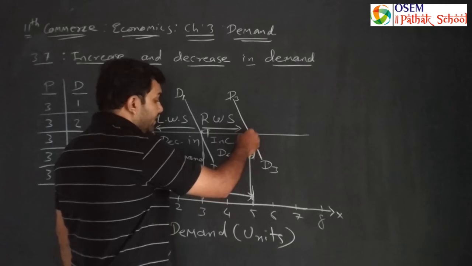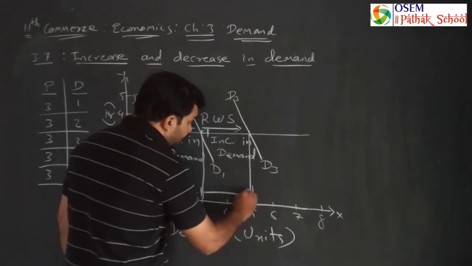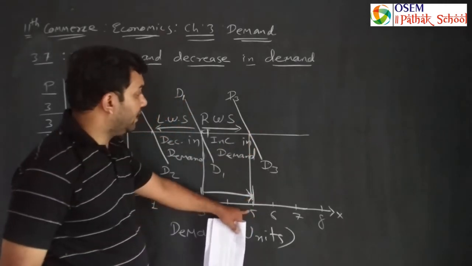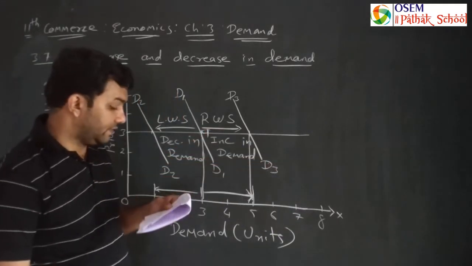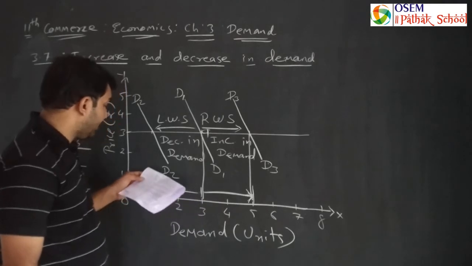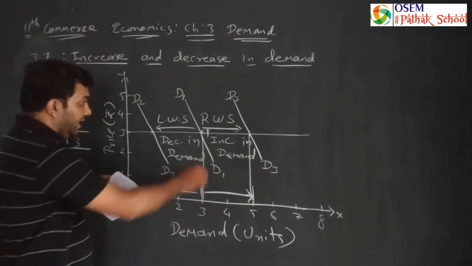Price remains constant, yet there is an increase in units of demand, which causes a new demand curve to appear.